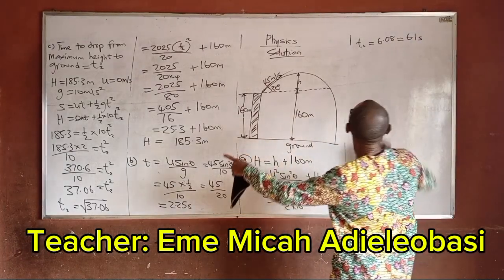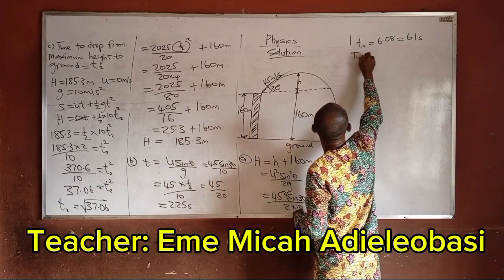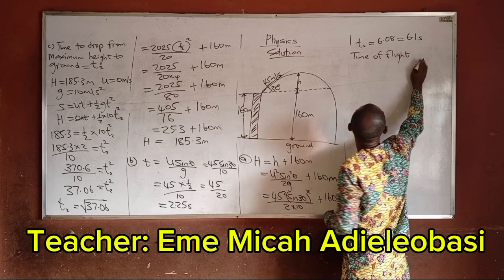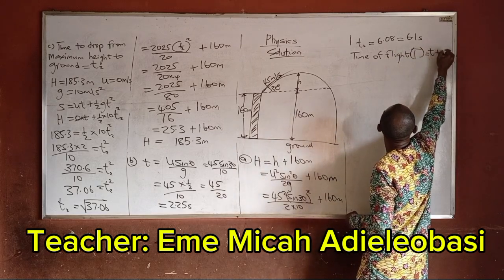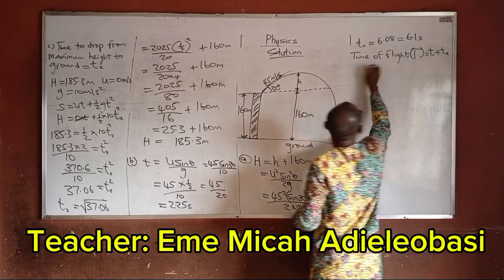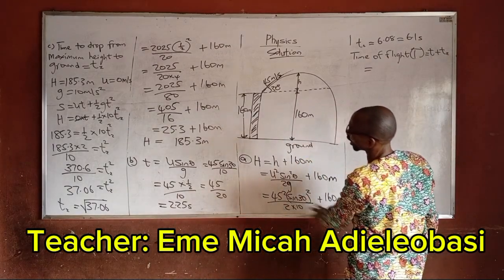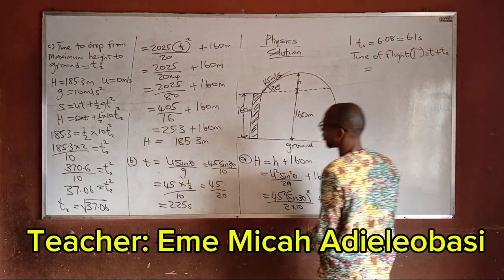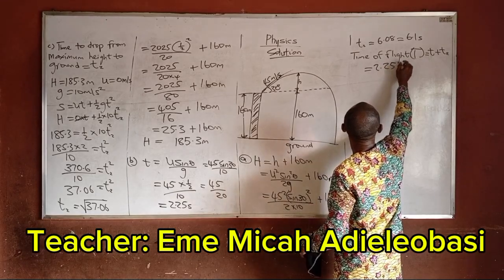So since we've got that, what is our time of flight now? The time of flight, capital T, will now become our T plus T2. Now what is the T? We got T, the time to reach the maximum height, as 2.25.